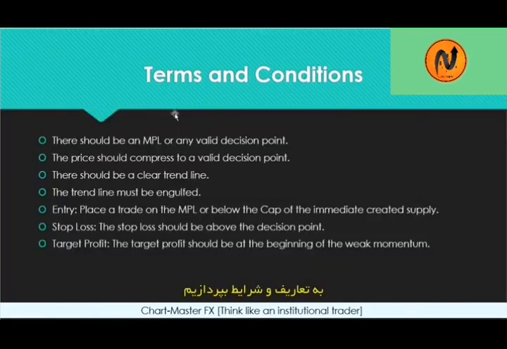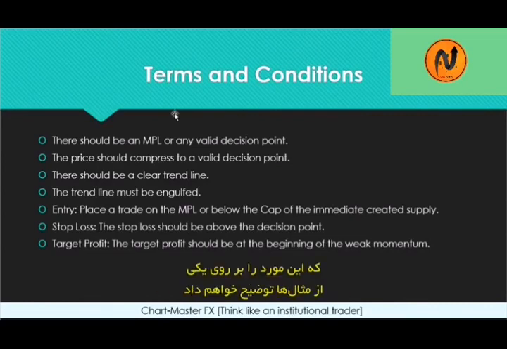So let's go to the terms and conditions of the flip trend line. There should be an MPL or any valid decision point, as I have alluded before. The price should compress to a valid decision point. There should be a clear trend line. The trend line must be engulfed. Entry: place a trade on the MPL or below the cap of the immediate created supply.